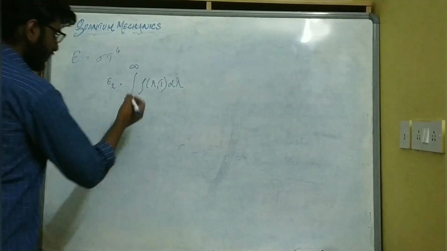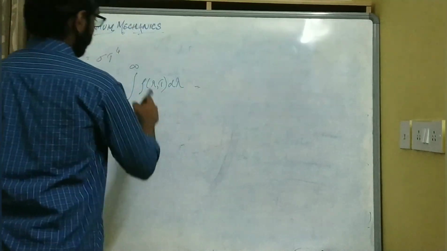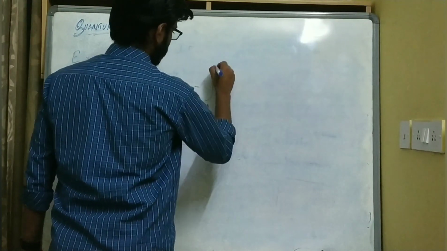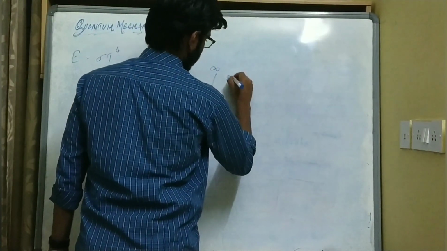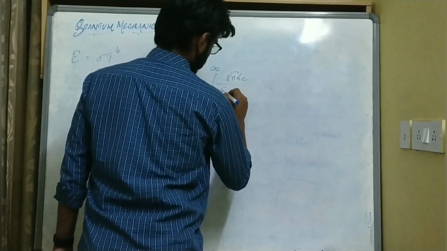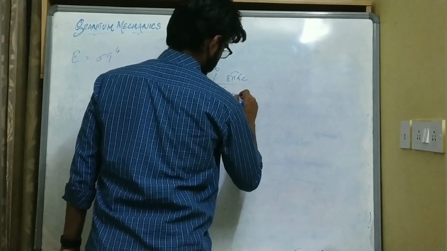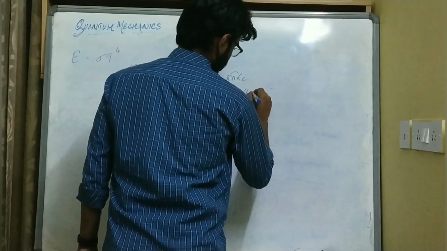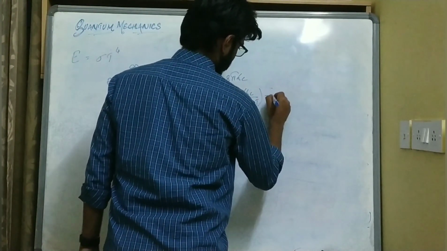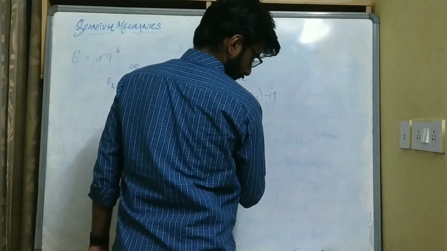So substituting again for the value of rho lambda t, this is the integral from 0 to infinity of 8 pi hc lambda to the power 5, exponential hc by lambda kbt minus 1, d lambda.